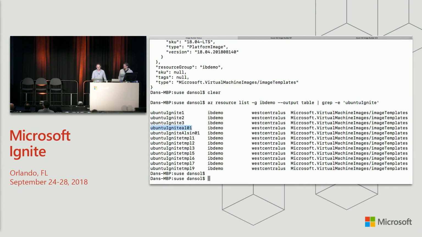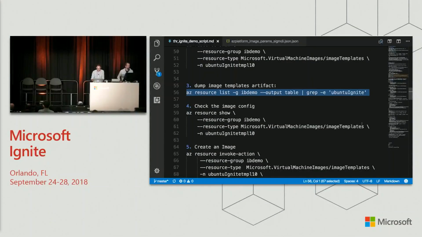And here, this is the image template name that I literally just created. And you can see the resource type is an image template. These get stored in your storage, in your resource group. So you can see I'm using the IB demo resource group, and you can see this particular image template being stored there.